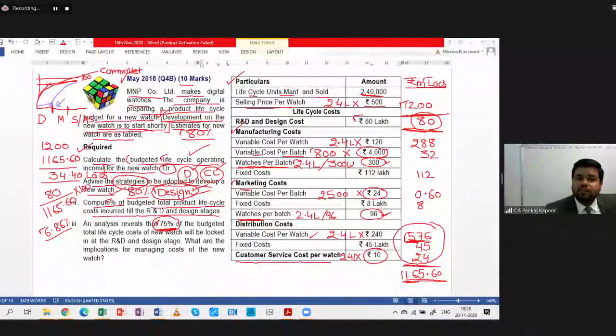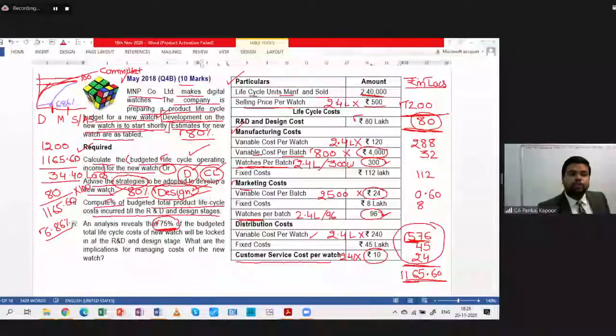It is only 6.86%. Agreed? Yes, Hema is correct. Then Nivitha, I'm extremely sorry if I'm not pronouncing your name correctly. Nivitha is also correct, 6.86%. Kunal is also correct from Faridabad. Okay, friends, moving further. I hope now it is clear to you.